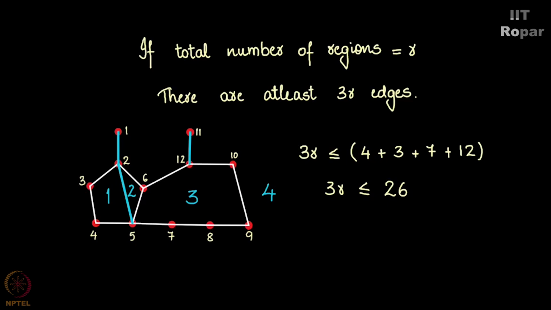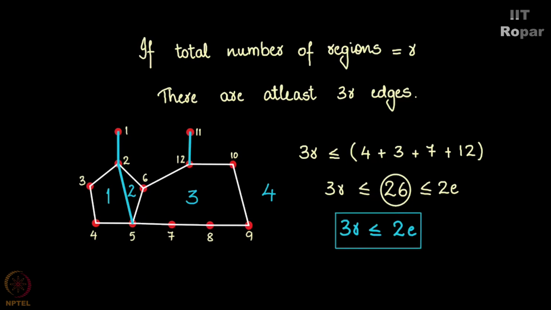It is counted only once, in region 4. So it's counted at least once and at most twice. So my cumulative sum, this 26, is definitely less than or equal to 2 times the edges. An edge at most is counted twice and not more. So this should be less than or equal to 2e, and hence 3r is less than or equal to 2e.